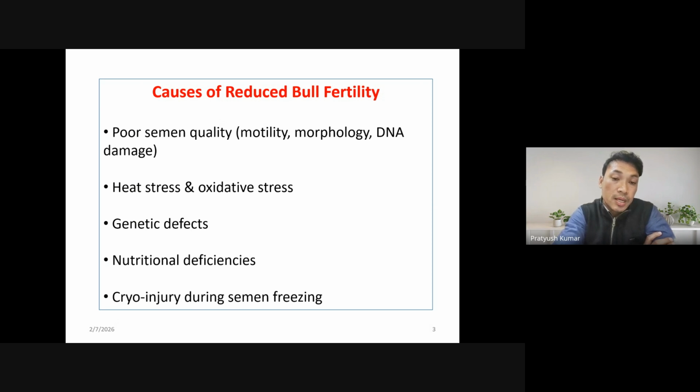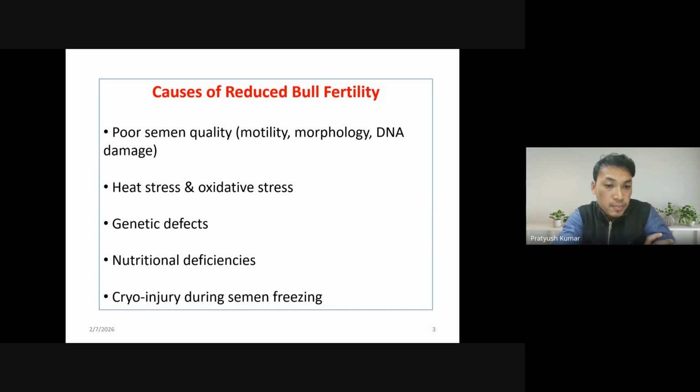And the oxidative stress mainly: due to the heat stress, the ROS, reactive oxygen species, production goes above the minimum level. So it causes excess production of ROS, which then reduces the semen quality.